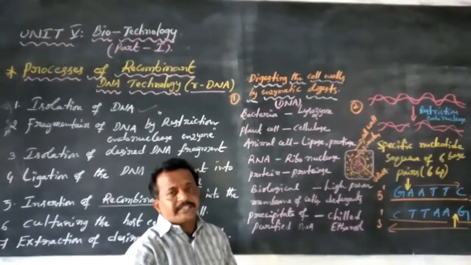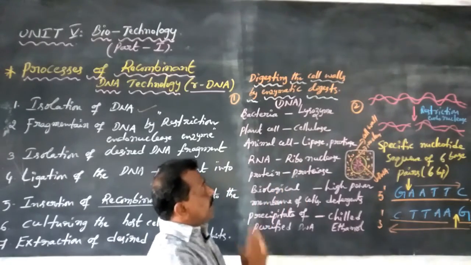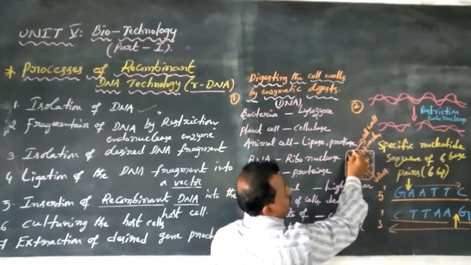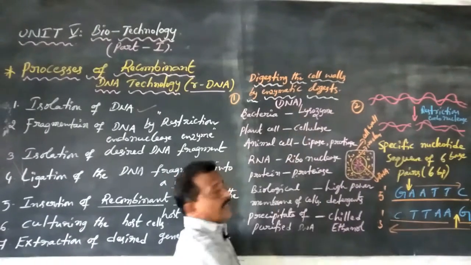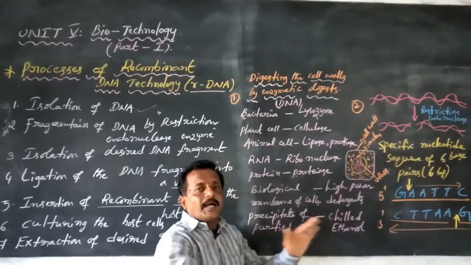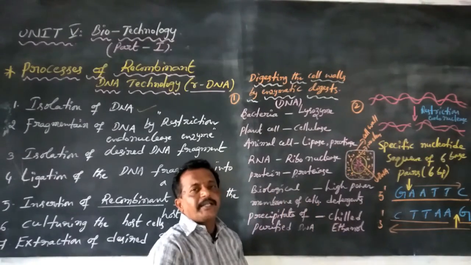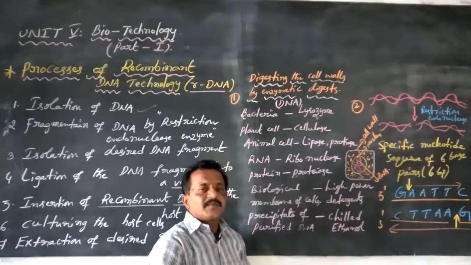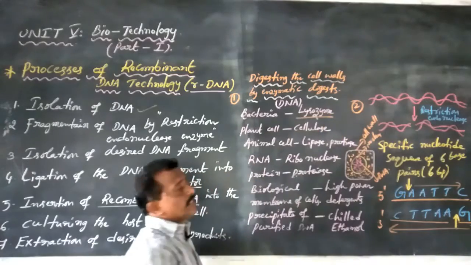To digest the bacterial cell wall, we apply the enzyme lysozyme. This lysozyme enzyme easily breaks down the cell wall, and then the bacterial DNA or bacterial chromosome is easily removed.